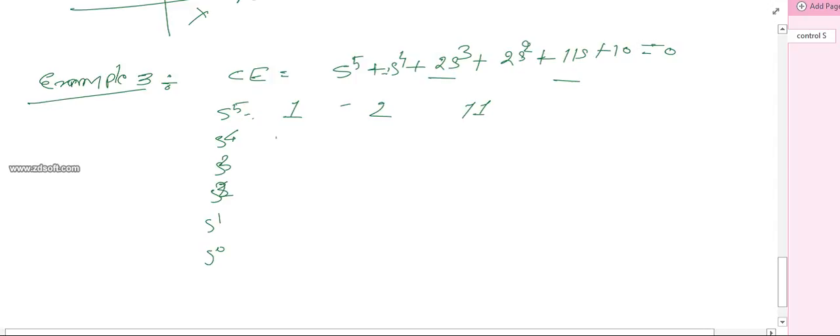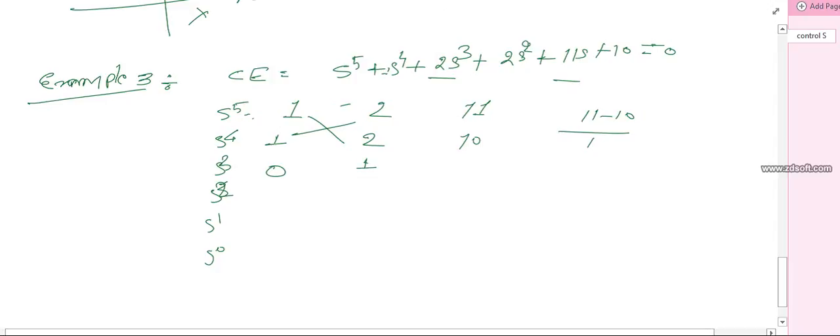Again for s power 4 we have 1, then 2 and then 10. Now 1 into 2 minus 2, here we will get 0. For this if you solve, 11 minus 10 divided by 1, you get 1 and this one 0.